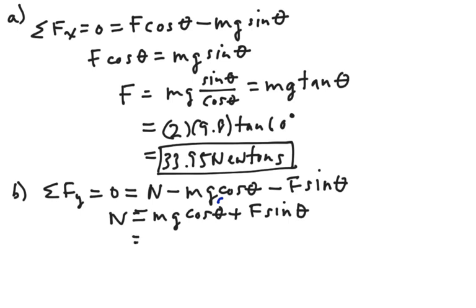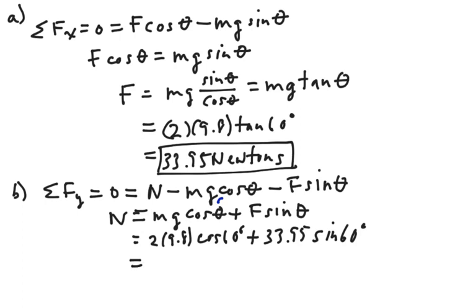This is going to be equal to 2 times 9.8 cosine 60 plus 33.95 sine 60, and that is equal to what? 39.2 newtons.